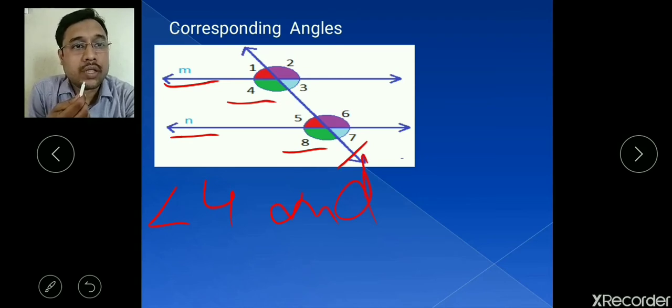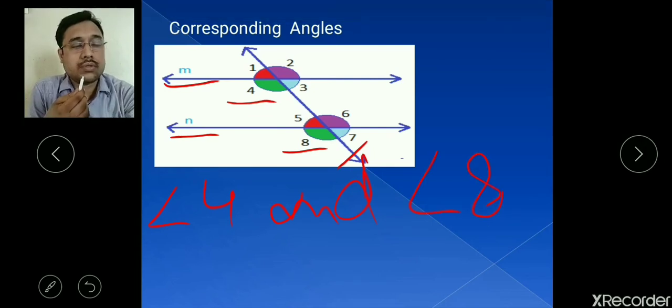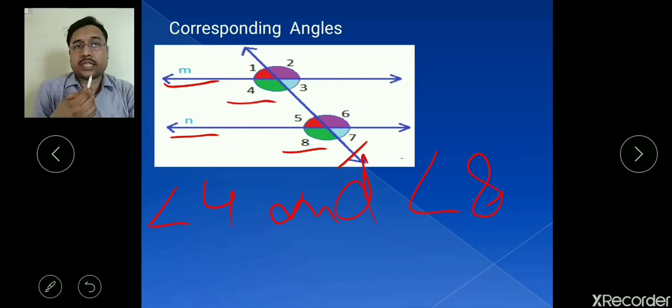Angle 4 and angle 8 are corresponding angles because they both lie on the left side of the transversal and both lie on the downside of the given lines. Angle 4 is at the downside, angle 8 is also at the downside of the given lines. So angle 4 and angle 8 are corresponding angles.